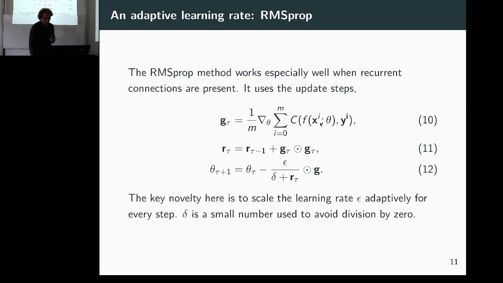And the idea here is to make the learning rate adaptive and rescale it with this term R. So now we still have the learning rate epsilon, but now we have this little delta for numerical stability, and we rescale the learning rate with this average of the square g, which fixes instabilities in gradients like they can occur in this case.